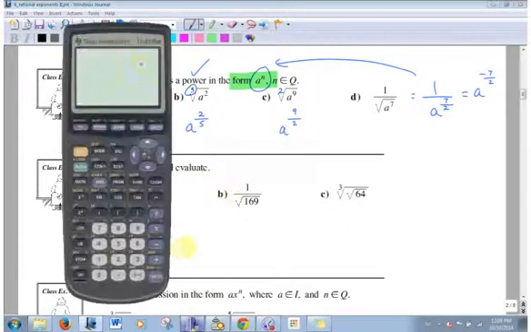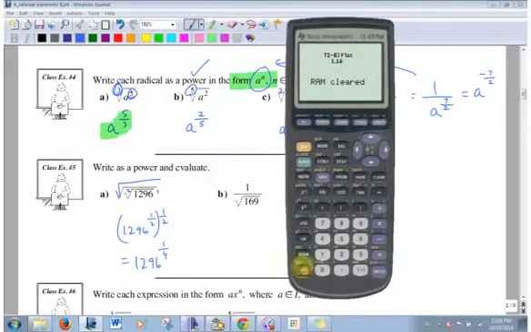It says evaluate. Now, that's pretty tough to do in our head. So, you know what? I'm going to cheat and use my calculator. What's 1296 to the power of bracket 1 divided by 4, or 0.25? 6.